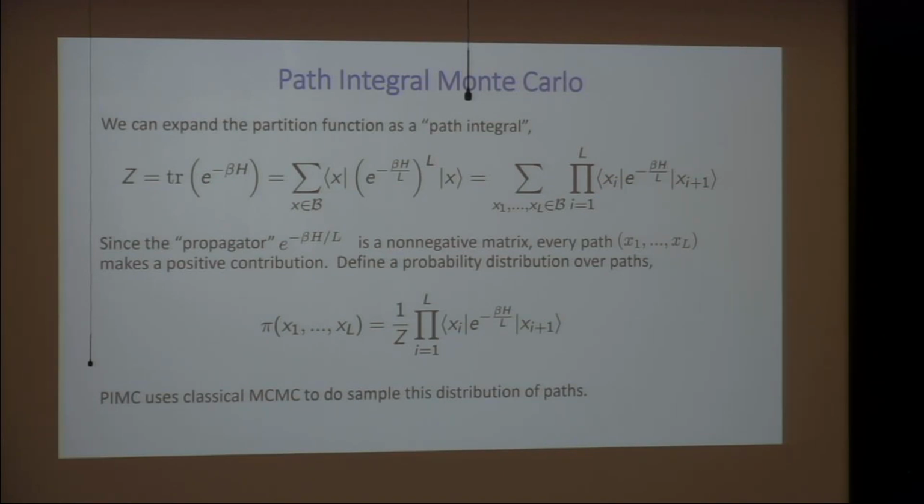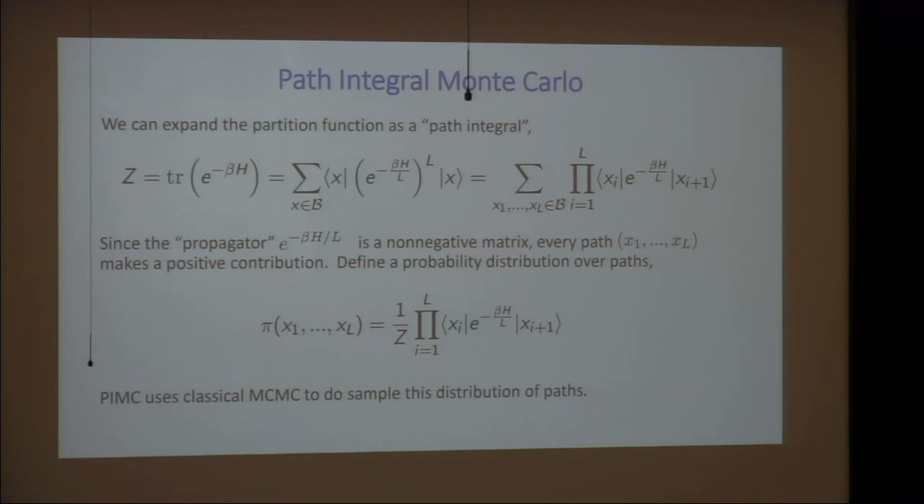And since this propagator between elements of the path is itself just a non-negative matrix, every path makes a positive contribution to this sum. So therefore, we can define a probability distribution over the space of paths. So here is a proper probability distribution.